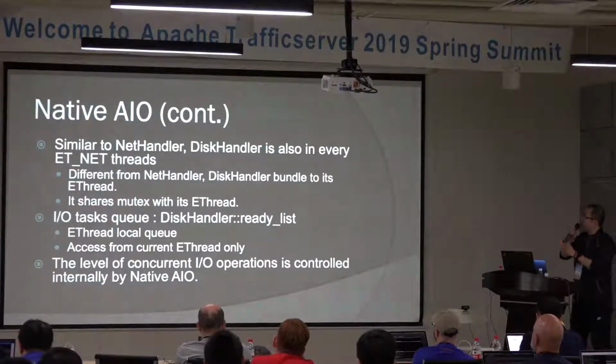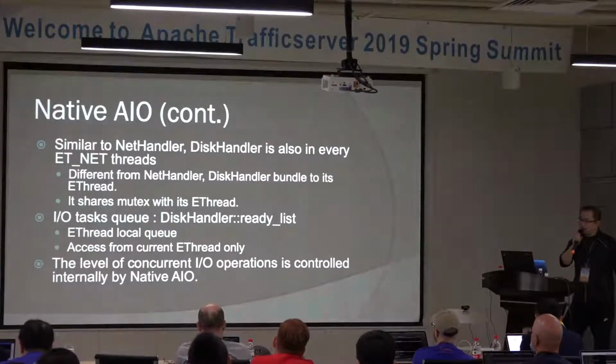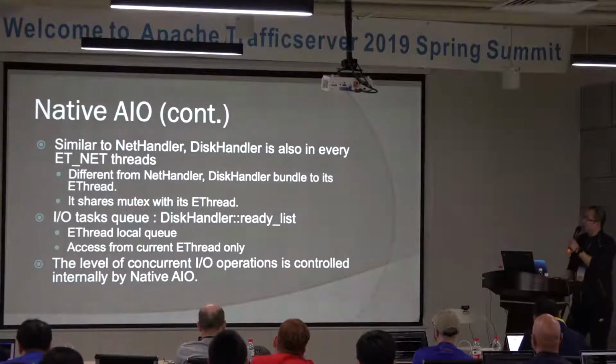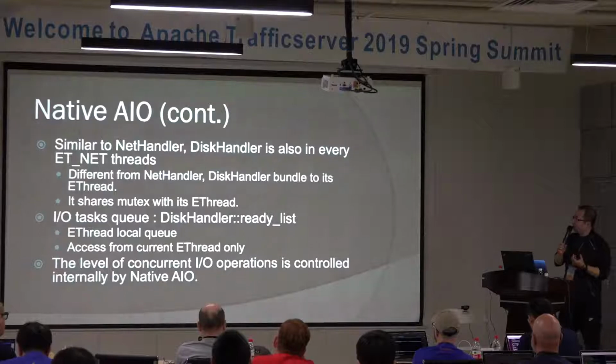This handler is also in every ET-net thread, but it's different from the net handler. This handler is bundled to its thread and shares the mutex with its E thread. So we have a net handler and a disk handler in every ET-net thread.